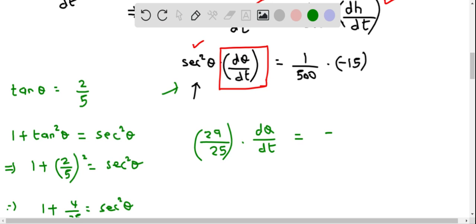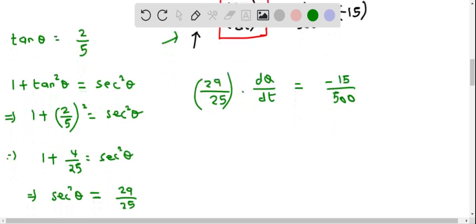This is equivalent to negative 15 over 500. Now we can easily solve for d theta over dt. We have to multiply by 25 and divide by 29. So d theta over dt equals negative 15 by 500, multiplied by 25 and divided by 29.